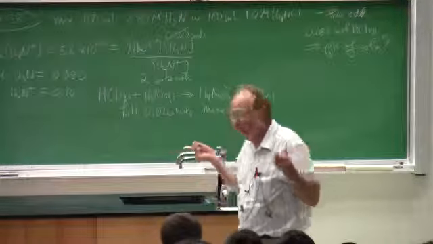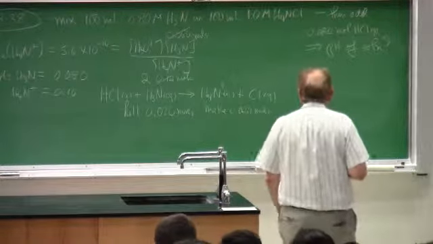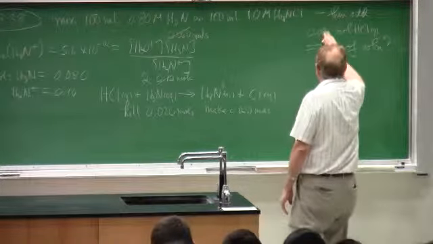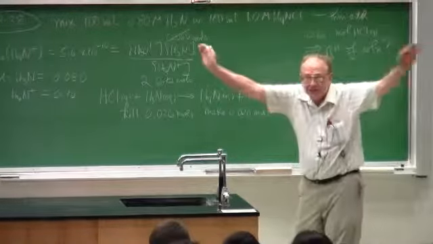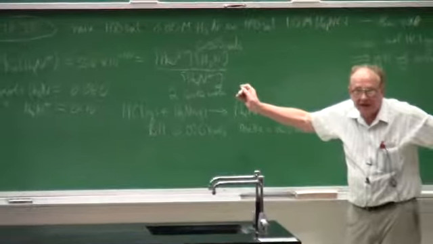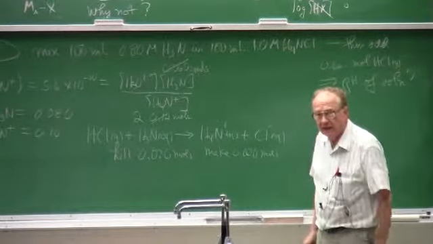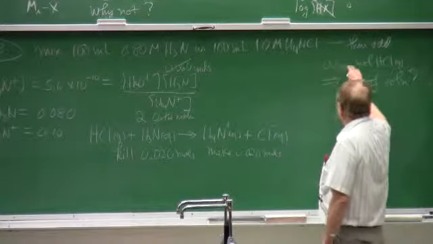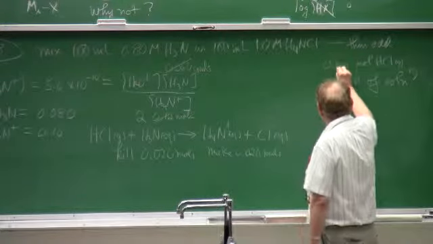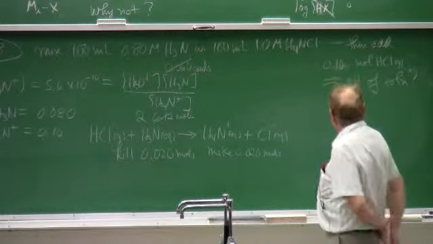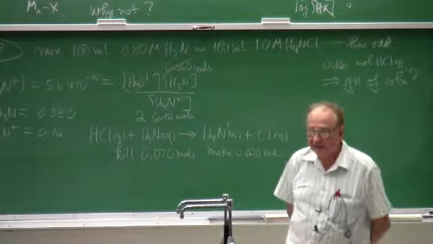Fair enough? All right. What if I choose to add, because I can make any mixture I want in the lab? I can do anything I want in the lab. Blow up Gainesville. Let's add 0.10 moles of HCl.